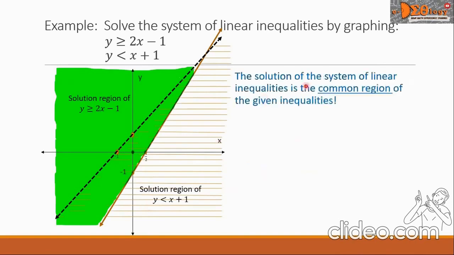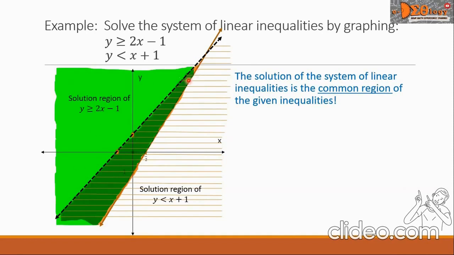Now, the solution of the system of linear inequalities is the common region of the given inequalities. In our figure, we can see that the common region is this area here. And let us shade that or darken that area.